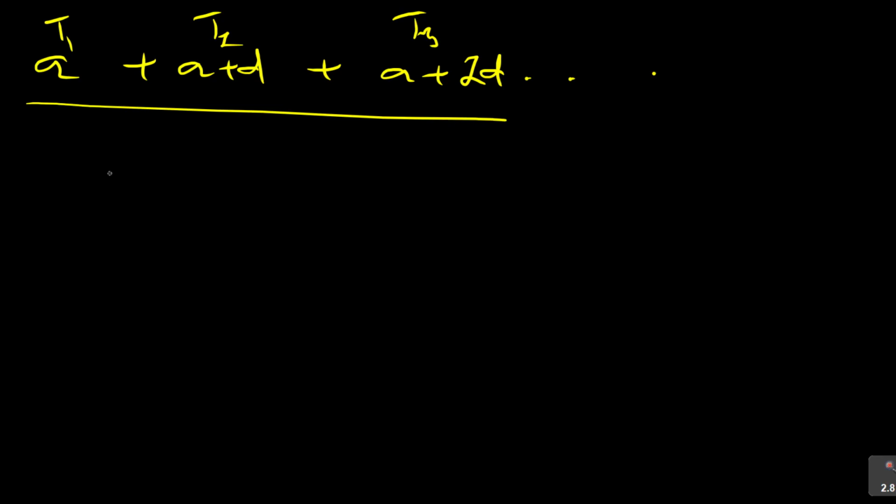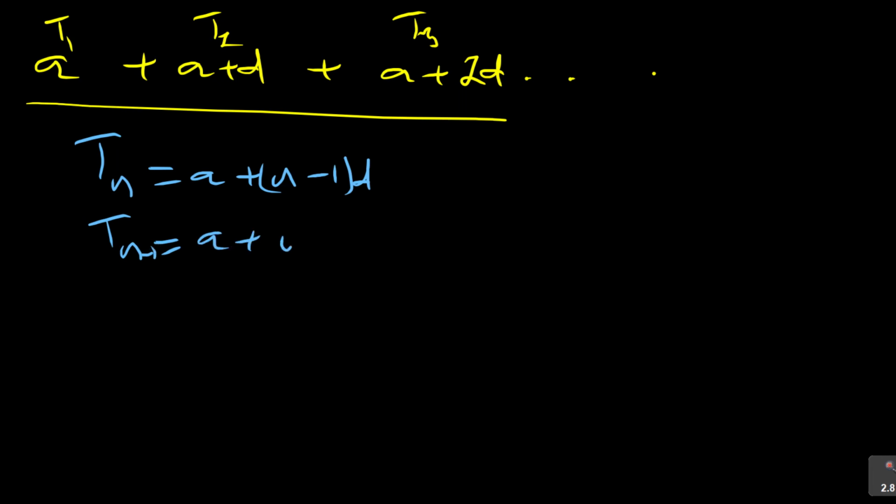You say, okay, I know my general formula is tn is a plus n minus 1 d. Are you with me? Then the previous one, where you just put minus 1 there, it's a plus n minus 2 d. See where you're changing? And then the following one is a plus n minus 3 d. So this is your last.